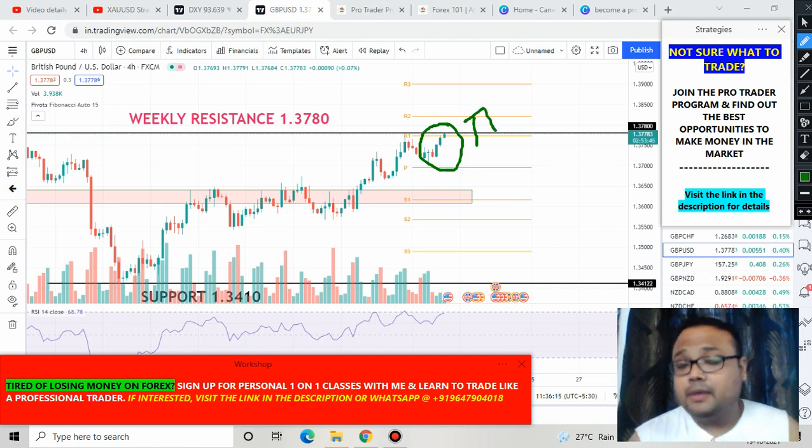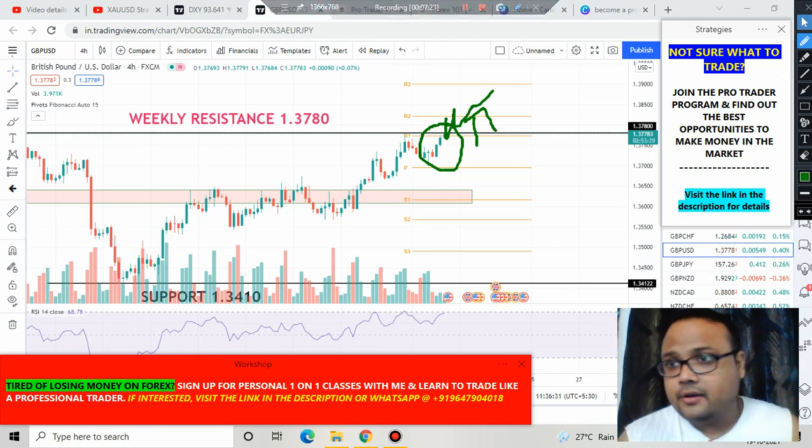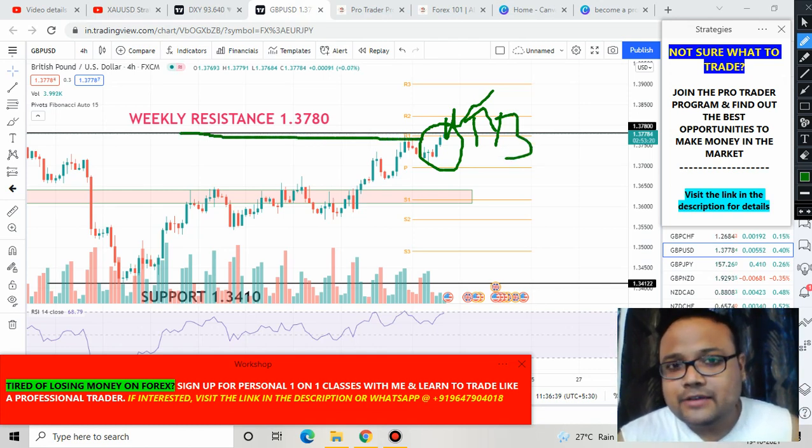So be very careful. If you have already taken a short position on GBP USD, listen to me carefully, then obviously you need to come out. In case there is good buying on GBP USD, please exit from the trade. On the other hand, you can also initiate a buy, because this level 1.3780 will be the new support for GBP USD.